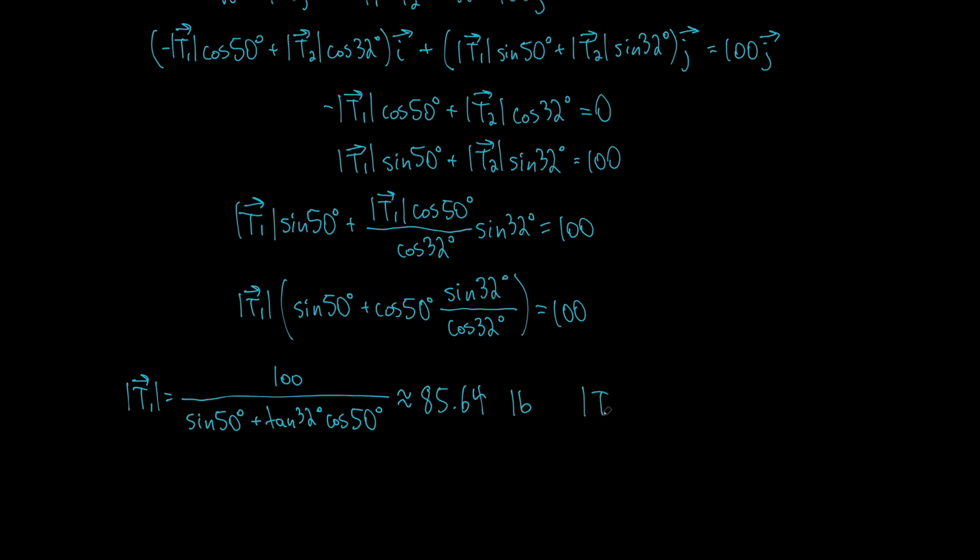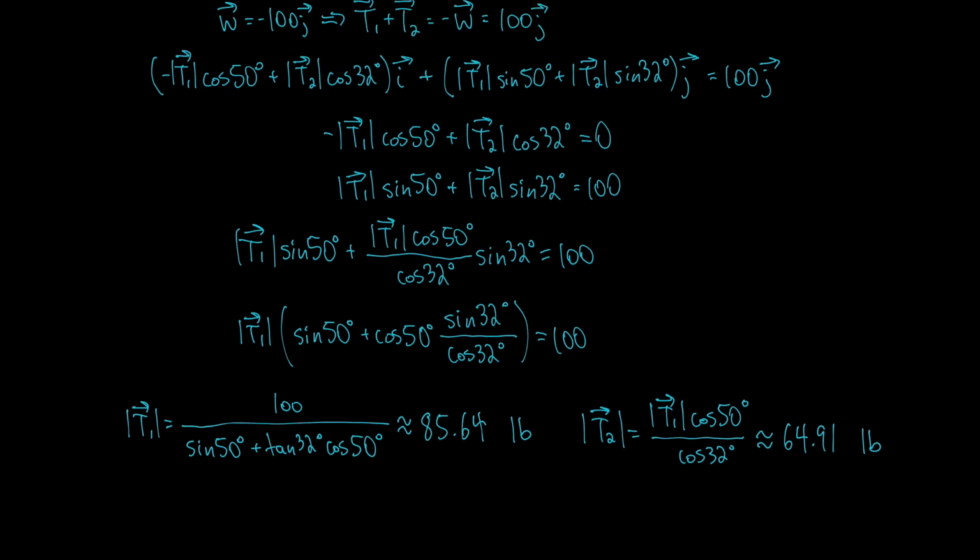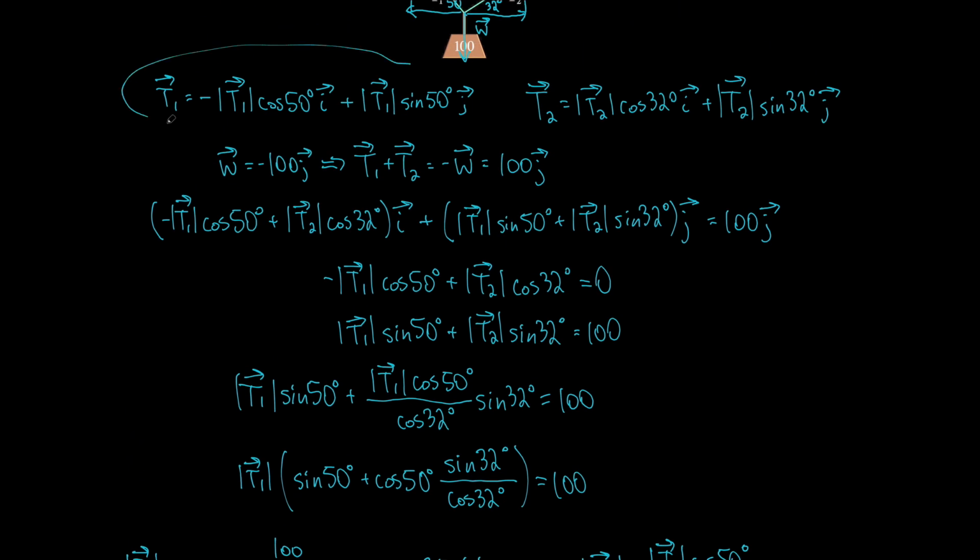And then for t2, that length, now that we know what t1 is, we could just plug that into our formula for t2, which is the length of t1 times cosine of 50 over cosine of 32. It's what you get by solving that first equation for t2. And that's just going to be 64.91 pounds. Okay, so now we go back to where we said t1 is equal to this mess times its length. We now know what the length is. We could just plug in and multiply by cosine 50 and sine 50, and we'll get what the vector t1 is.